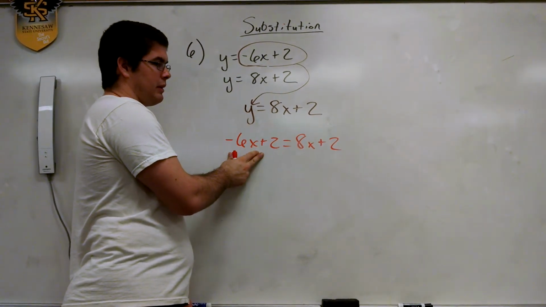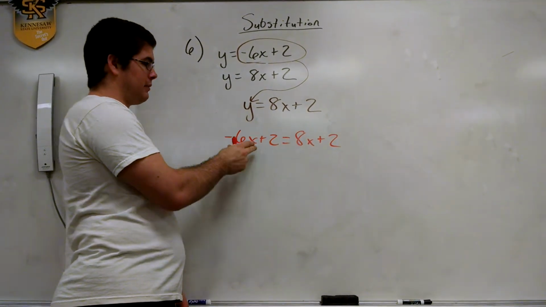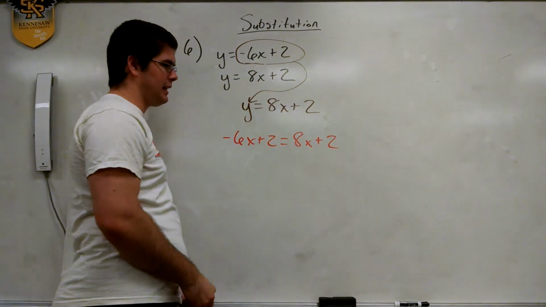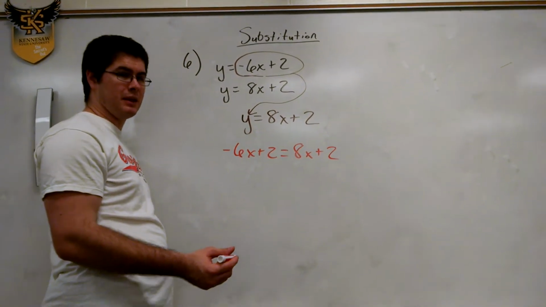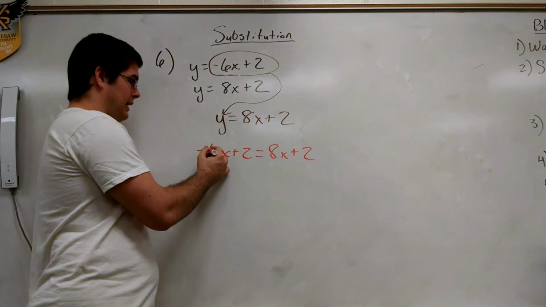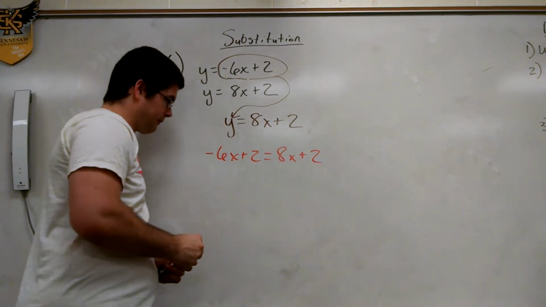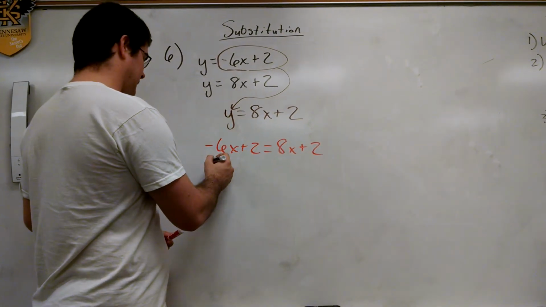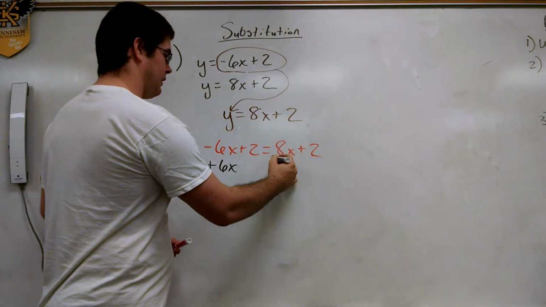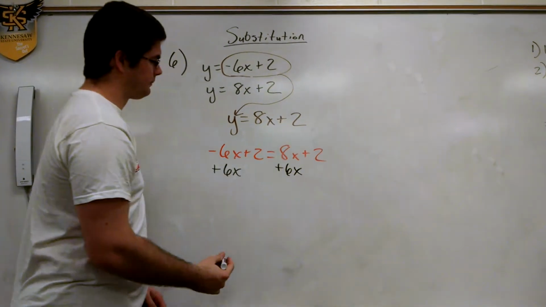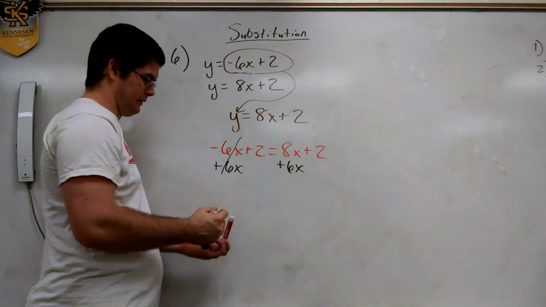The next thing we do is we get x on one side. So we can either move the -6x, we can move the 8x. I'm going to move the -6x because I like to keep things positive. And to move the -6x, I'm going to add 6x to both sides. Alright, so that goes away.